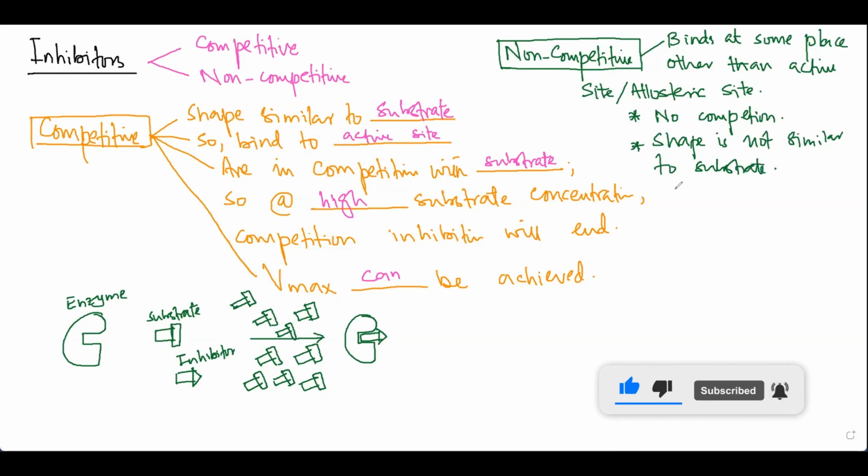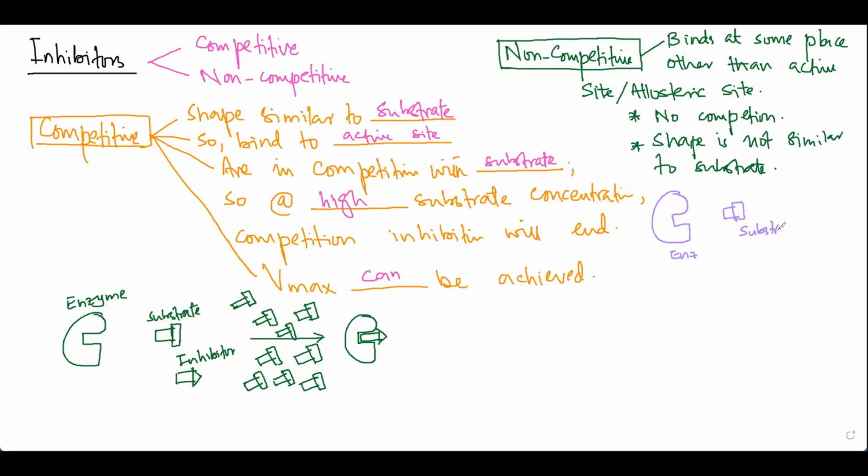If I show it by diagram, imagine this is the enzyme. This is its substrate, which will have to bind to the active site. But the inhibitor is like this one.